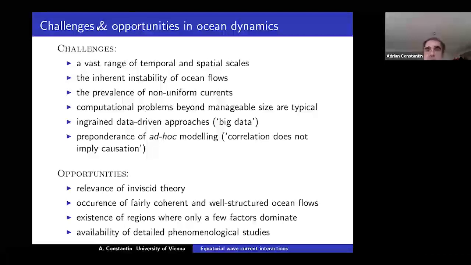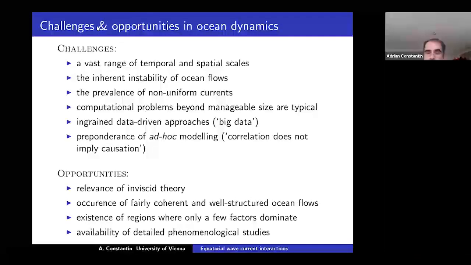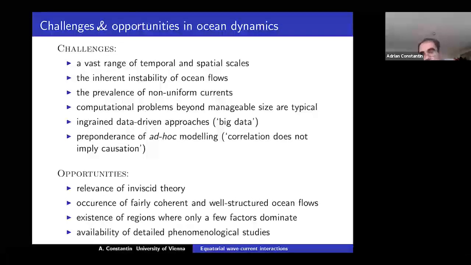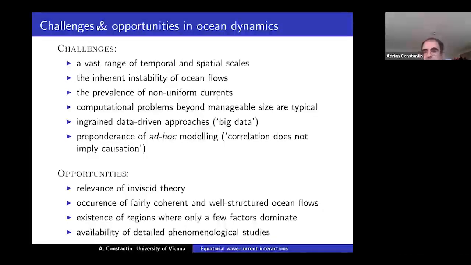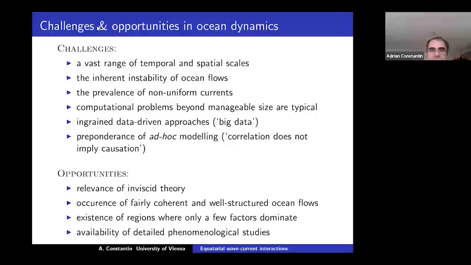There are regimes, for example, the equatorial one, where the structure of the ocean flow is fairly coherent. So you don't have huge instabilities. And there are regions like the equatorial where there are not too many factors to take into account. So the size is manageable. And one big advantage is there is an enormous amount of data that is available. So this could be an advantage, but also a disadvantage because in a sense, it's almost too much data.